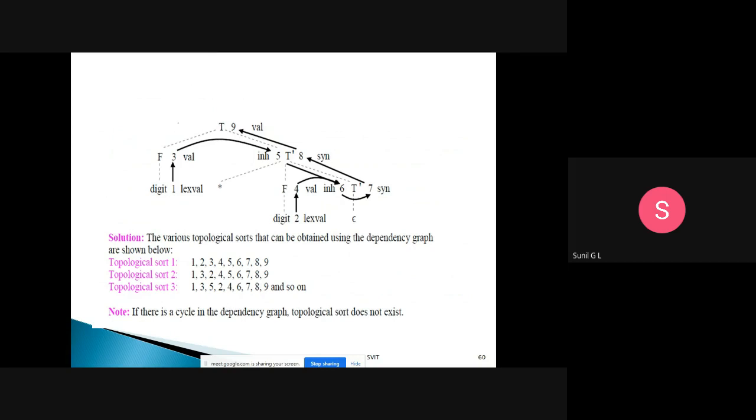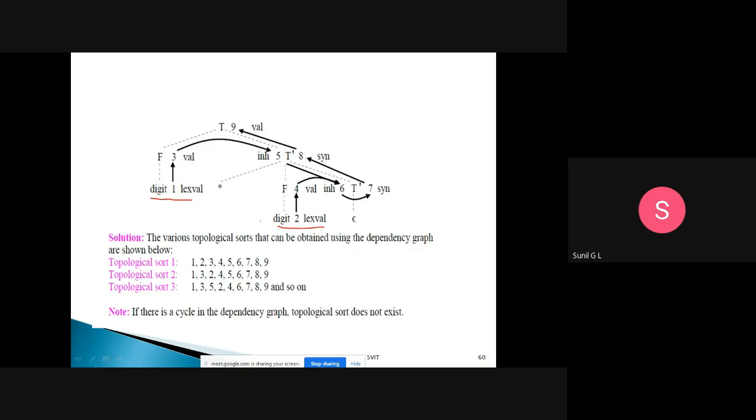See here. From this, which values do we evaluate first? We start from this digit and this digit, node number 1 and node number 2. Then this digit value is copied to F, that is 3, and this digit value is copied to the other F, that is 4, so 1, 2, 3, 4 we have done.